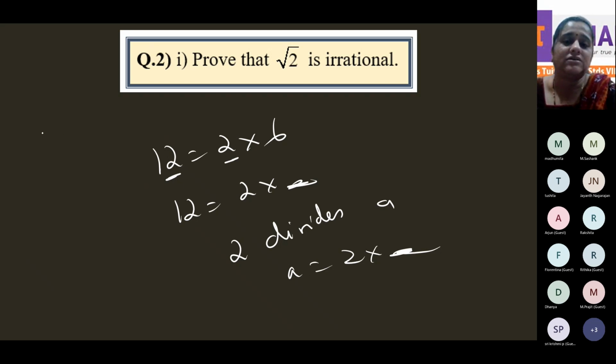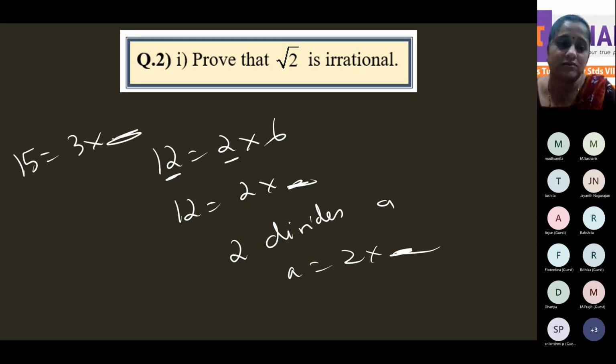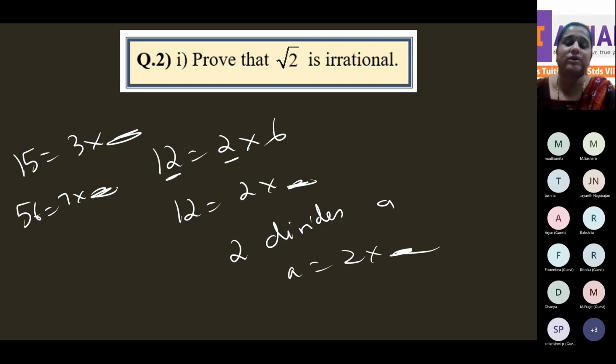See here, 3 divides 15. That means you can write 15 as 3 into something, 3 into 5. 7 divides 56. That means you can write 56 as 7 into something, 7 into 8.